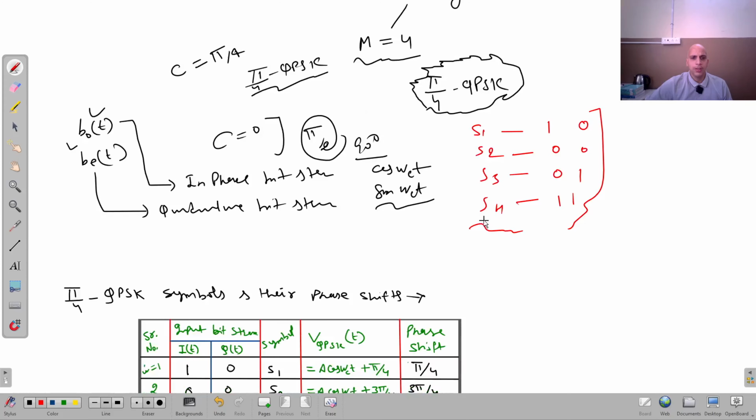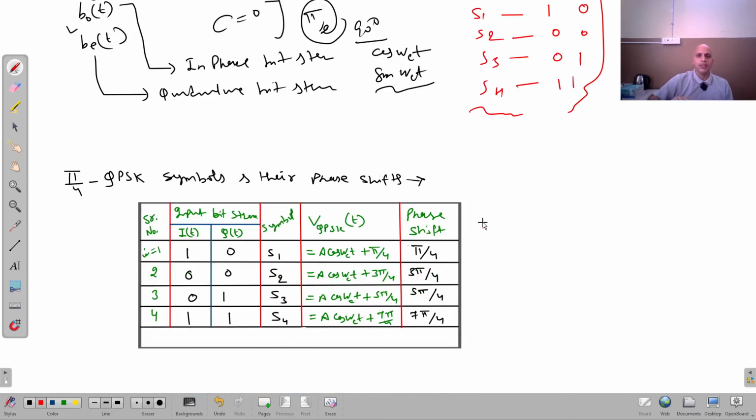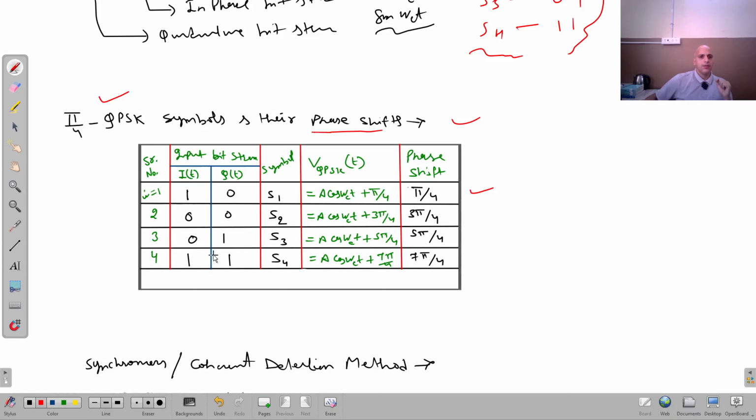So I am showing you the table so that you can recall it. This is the pi by 4 QPSK symbols and their corresponding phase shifts. You can see here the input bit stream that has been separated into in-phase and quadrature phase bit streams, that is 1 0 0 0 1 0 1 and then 1 1.